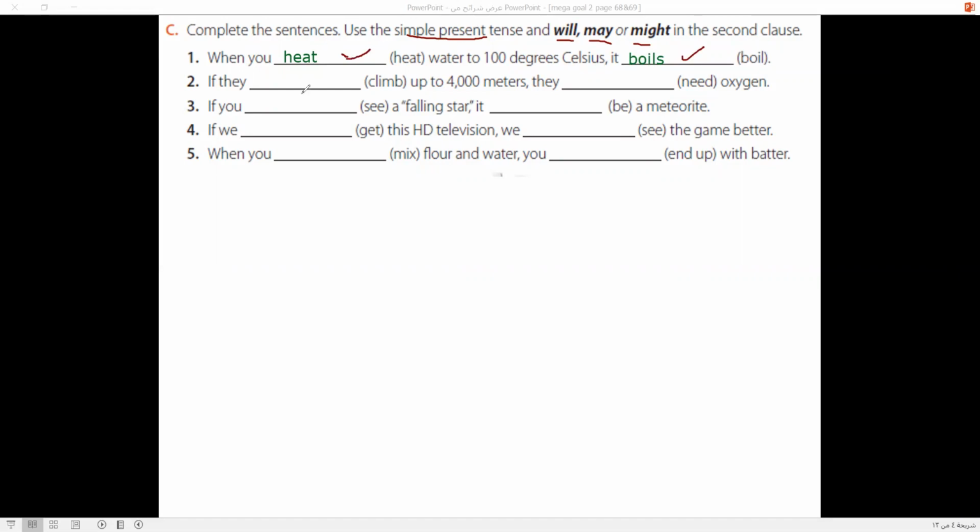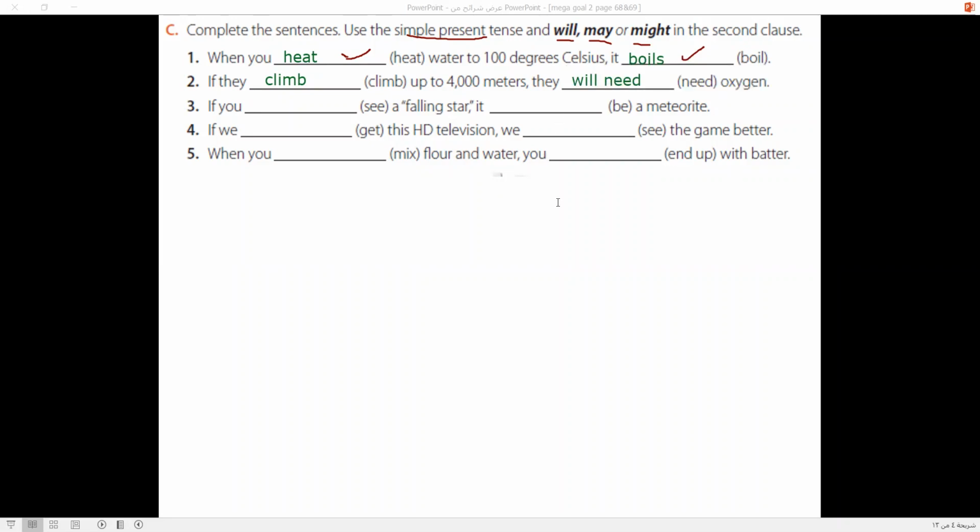Yes, Hadid, if they climb. Yes, if they climb, always an if clause, a when clause, it's going to be present simple. So if they climb up to 4,000 meters, they will need. Yes, you can say they will need oxygen. Very good.